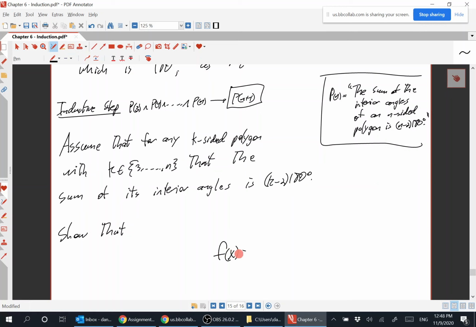If I have a function f of x equal to x squared plus 2x or something like that, then the function f of x plus 1 is equal to what?